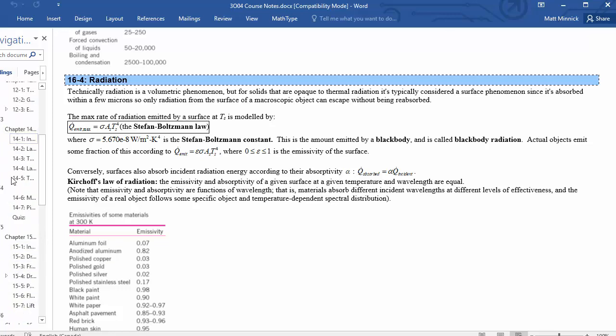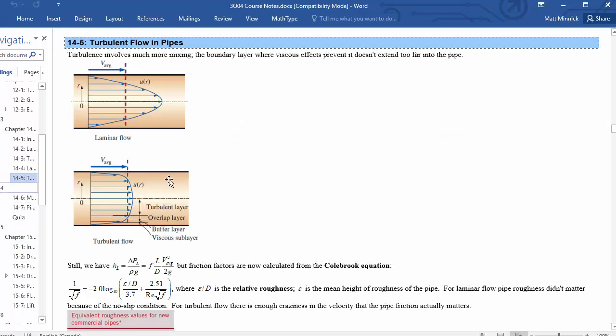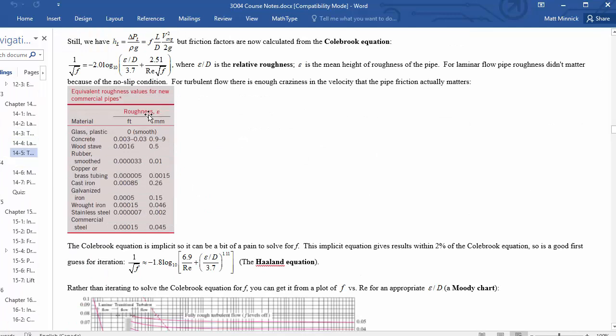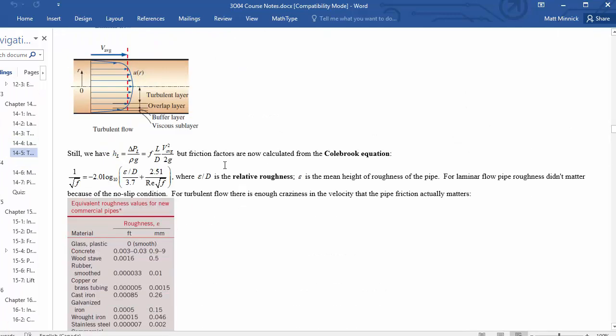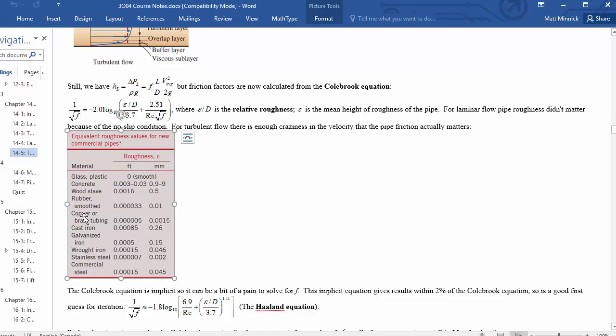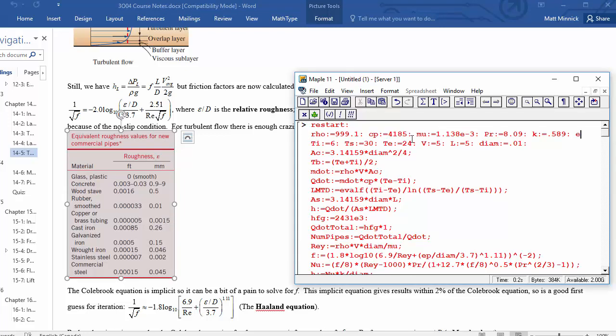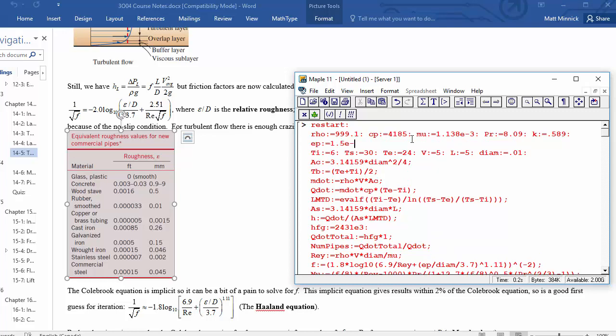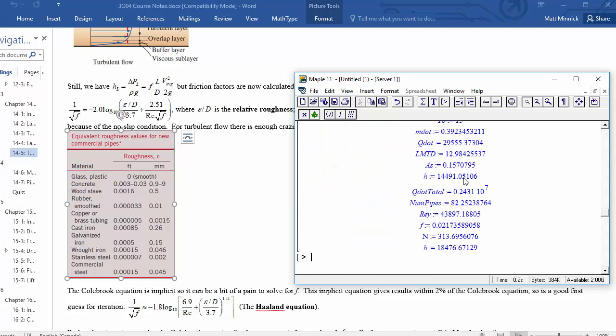When we were doing the internal flow in pipes, the turbulent flow section was the first time we needed this roughness calculation. And so for copper tubing, the roughness is probably around 1.5 microns. So let's put that in. 1.5 microns. Okay, so now we should have everything calculated.